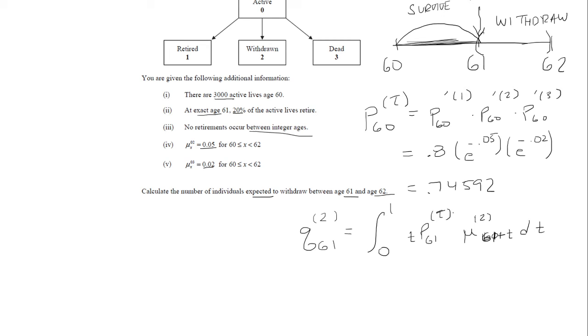Right now, we said we do not include retirement. So in the total probability, we're not going to put a retirement. So we're going to include withdrawal and dead. Withdrawal is 0.05. Dead is 0.02. And we're going to multiply by that t. And then the force of transition from stage 0 to stage 2 is 0.05. So we're just going to multiply that.